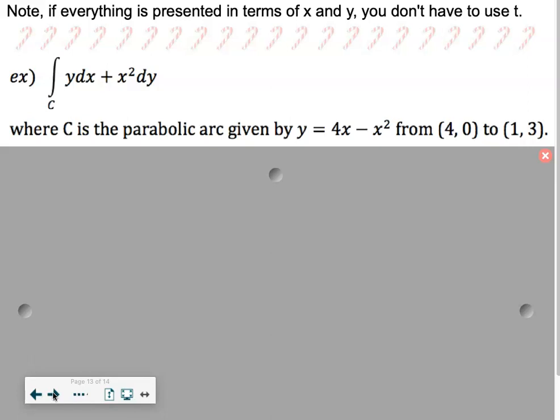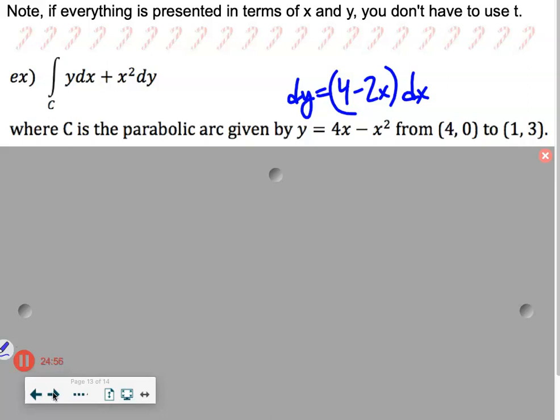Our y is 4x minus x squared, so we can replace the y with 4x minus x squared. dx can just stay dx. x squared can just stay x squared. All we need is a dy. So dy, what's that the same as? That's 4 minus 2x dx. So you just replace the dy with 4 minus 2x dx and the y with 4x minus x squared. And now you have a big integral just in terms of x.